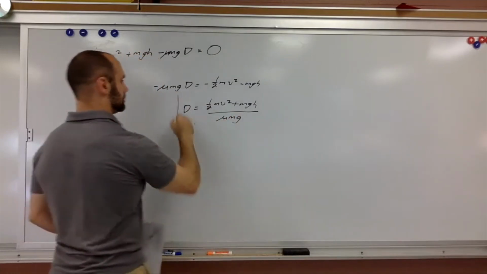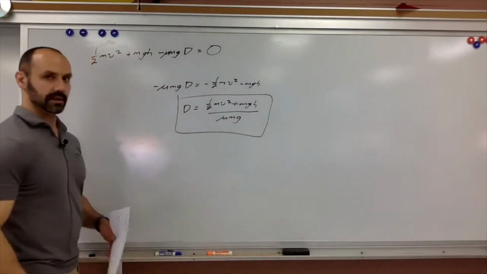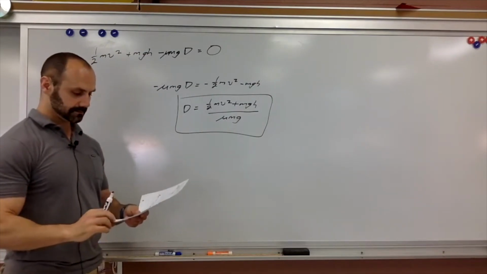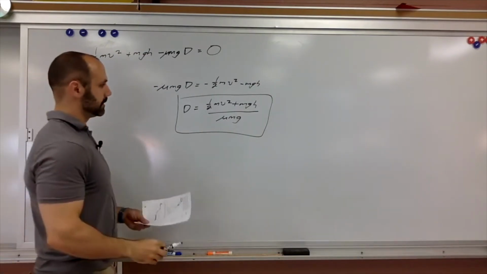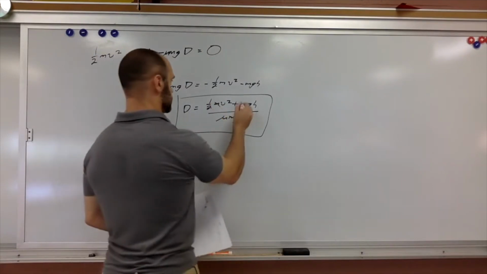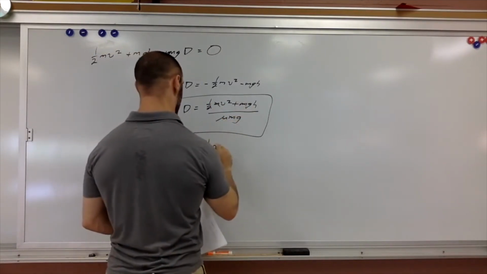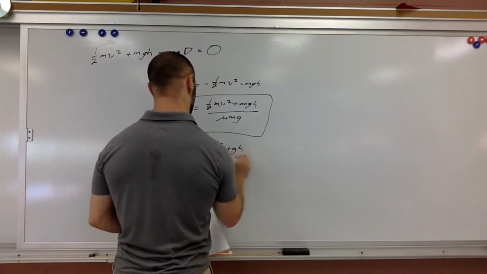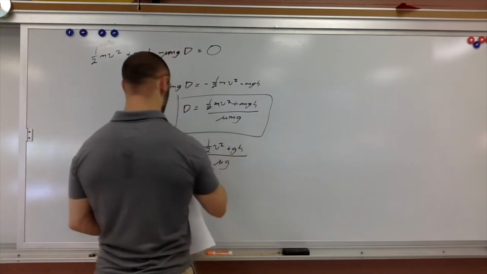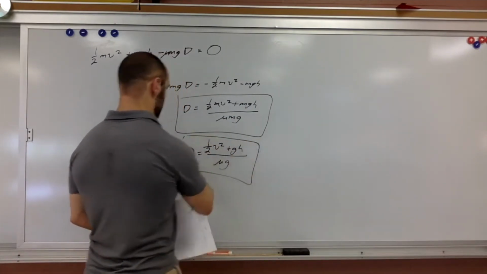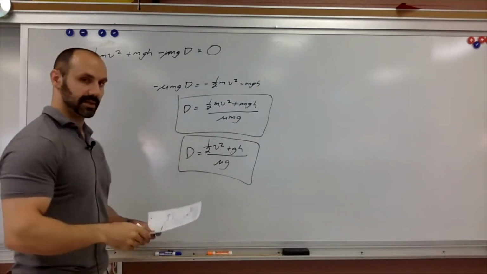That's it. Just leave it like that. We don't even have to plug in any numbers. Okay. And we can cancel out m and simplify this a little bit so it looks a little neater: 1/2 v squared plus gh over mu g. Interesting to notice then that the distance this goes is independent of the mass.